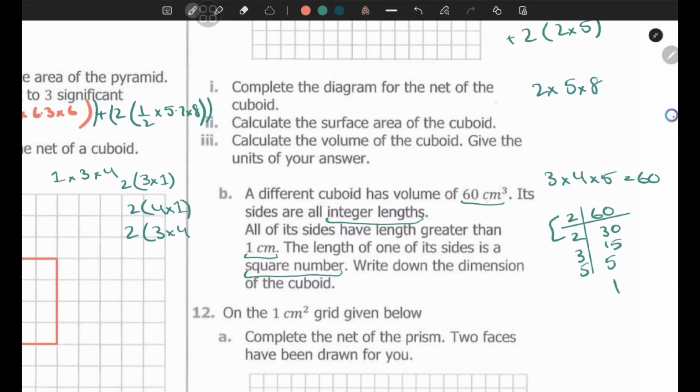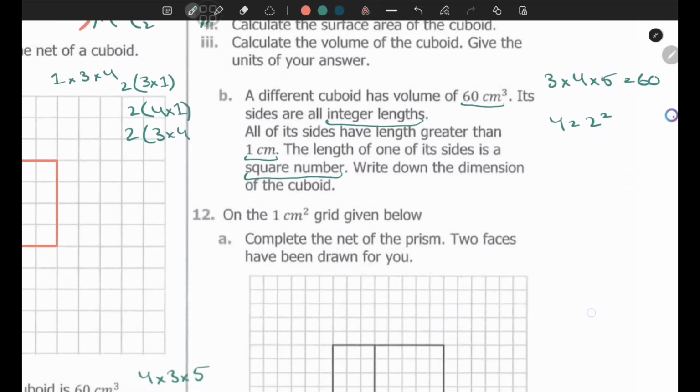So the volume is given. For the volume we found the factors, and then we use that. Each of these values is 1 greater than the next, right? So the difference is 1. And 4, one of the values, is a perfect square. So 4 is a perfect square of 2.